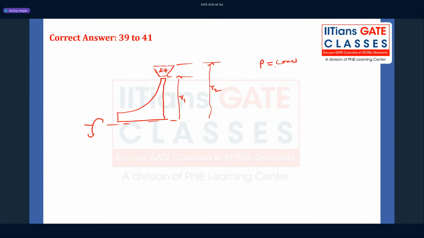So simple continuity tells us mass flow rate is constant. So if mass flow rate is constant, what does it mean? Say this is rotating in this direction. So if I make a 2D diagram of this from the other plane, this is CR, and this is going to be C theta, the tangential direction.